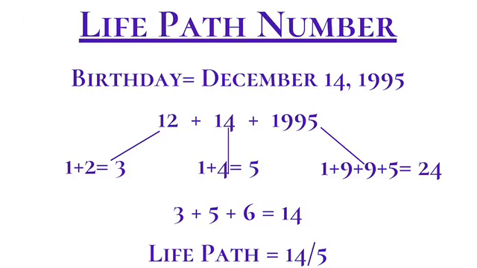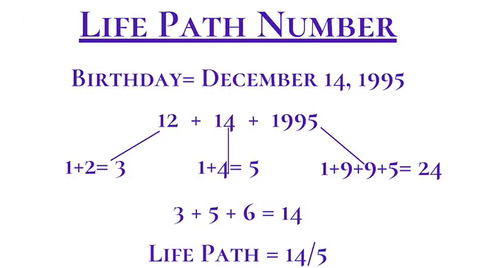So in the case of a person being a life path number 5, they could be a 14-5, because the 1 and the 4 equals number 5. They could also be a 2 and a 3, a 23-5. But those 2 numbers that you added together to get that life path number are very important because that tells you what energies you are going to need to use during your lifetime in order to achieve your life purpose.